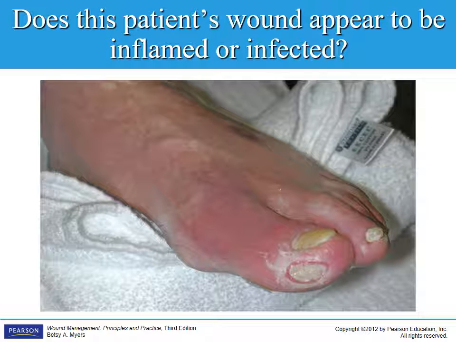Also, you see that there's slough, there's dead tissue on the open wound area. So this wound, the redness and the swelling is way out of proportion to that small little opening.